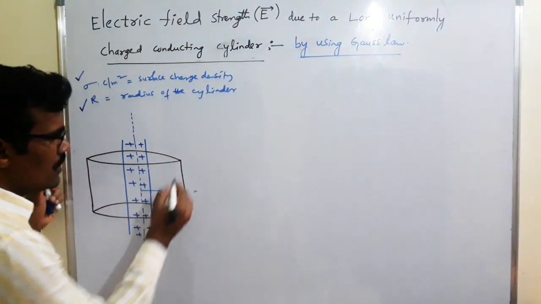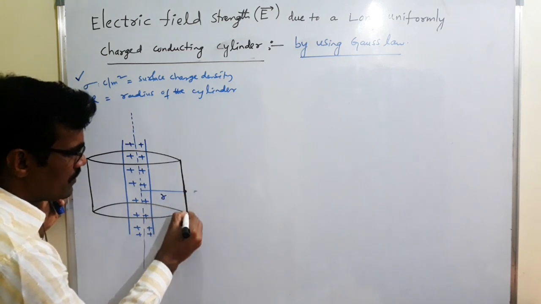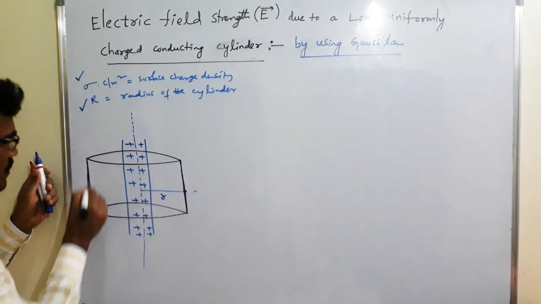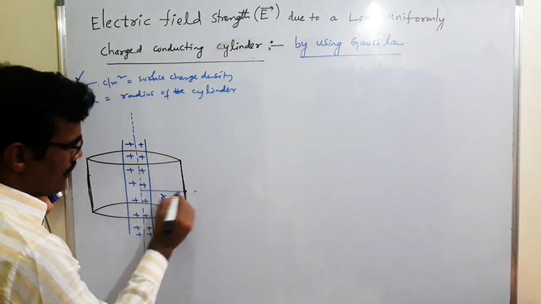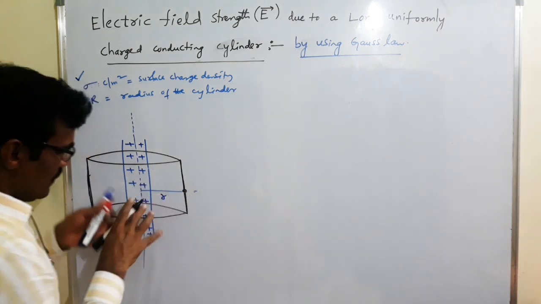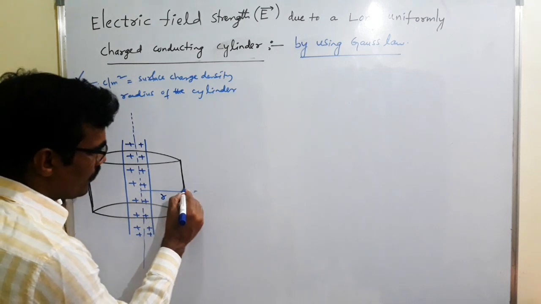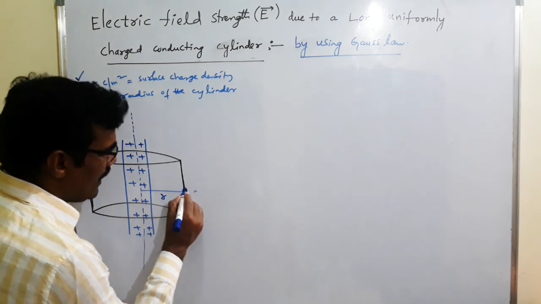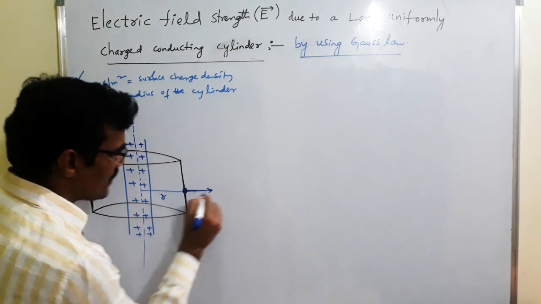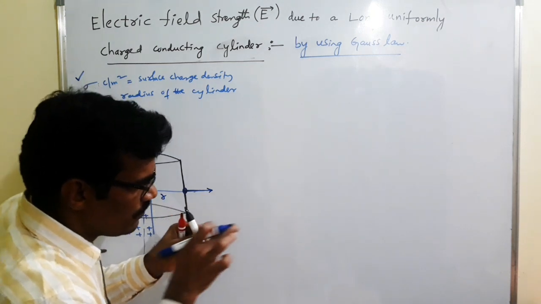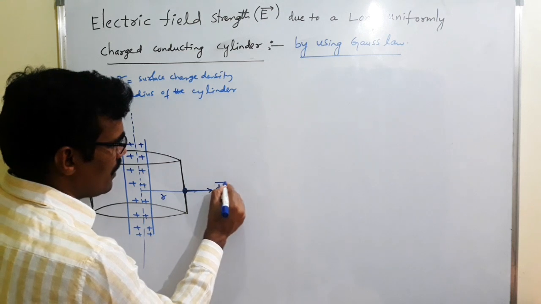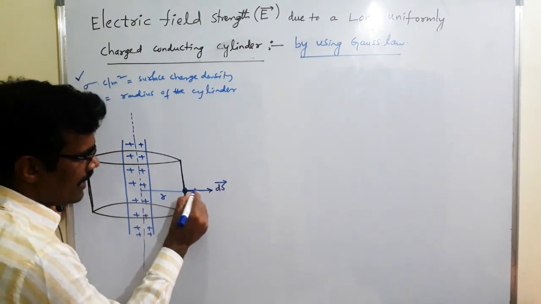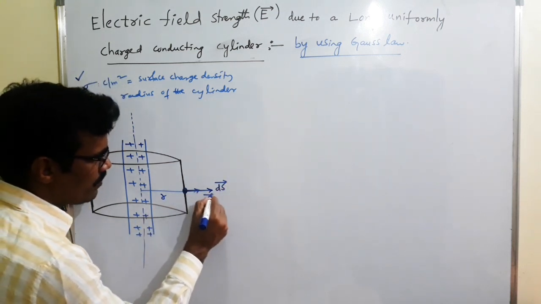So here, this is the Gaussian surface. Students, this is the Gaussian surface. So here Gaussian cylinder, so field at this point, imagine this is one small portion. The area vector on this portion is this side, radially outward. Here E bar is also in the same direction as ds bar.